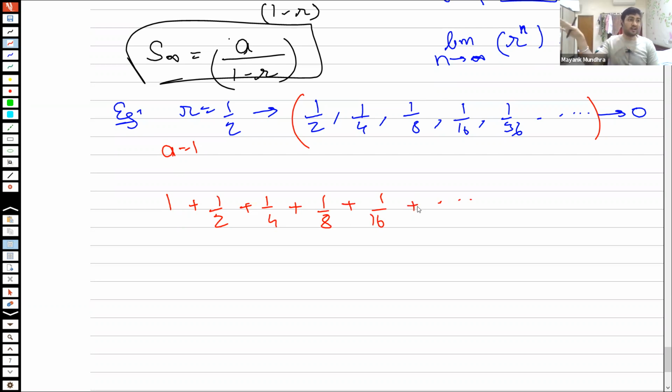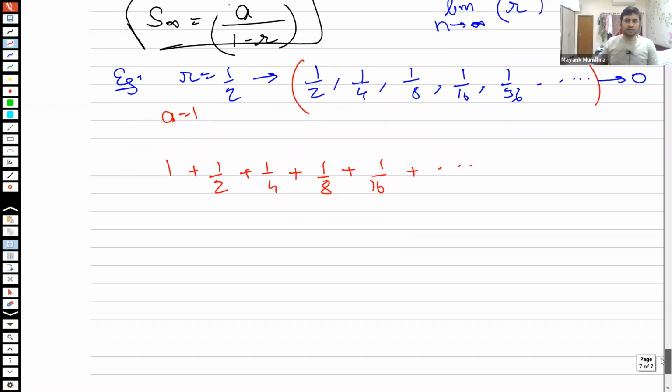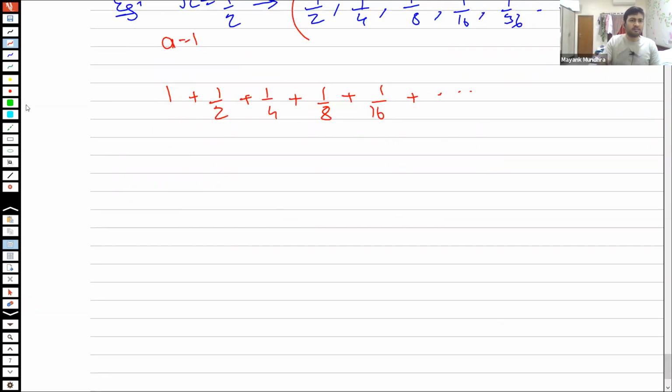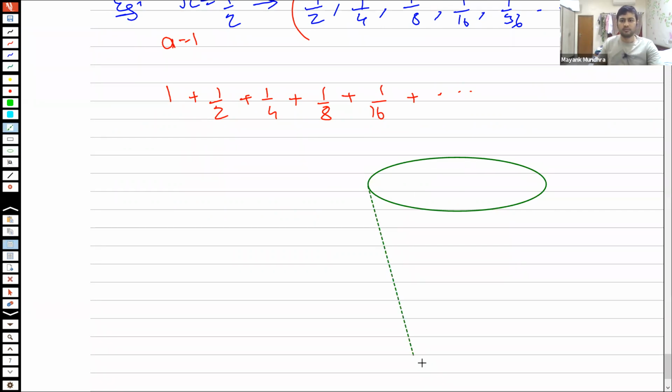Even though the numbers are infinite, each is reducing. Okay. So to understand why this is becoming 1, imagine a bucket. Let me take a perpendicular bucket.